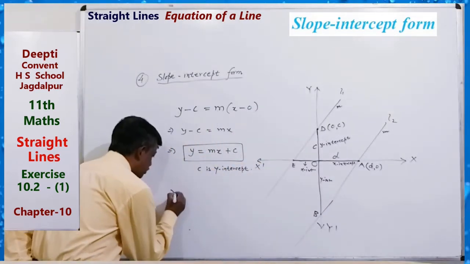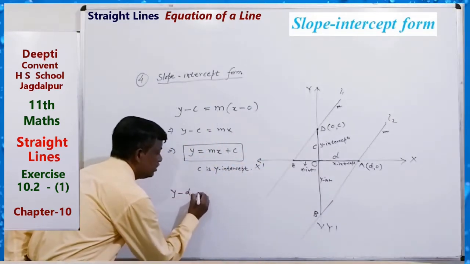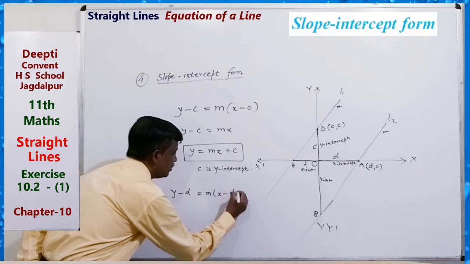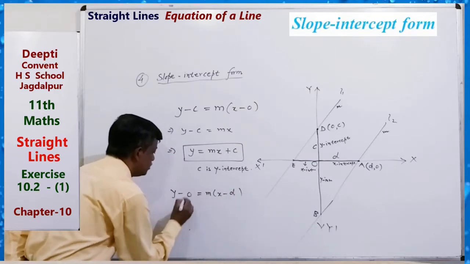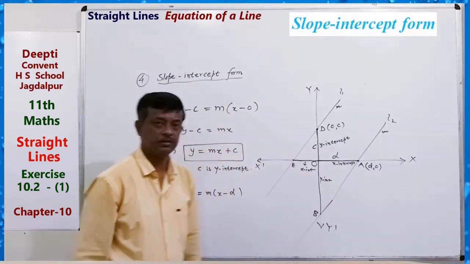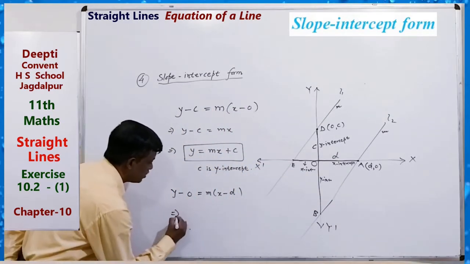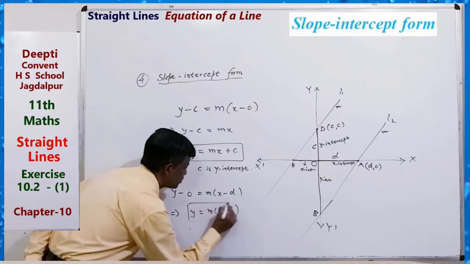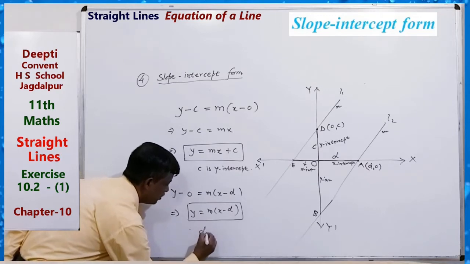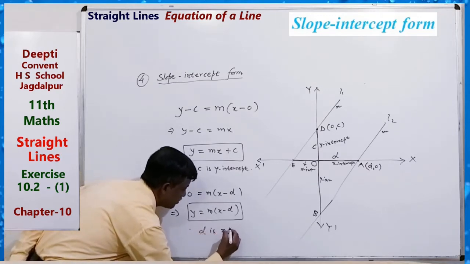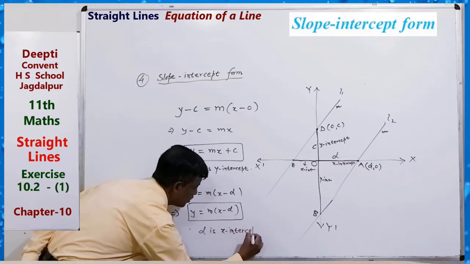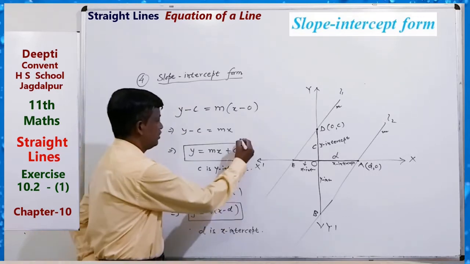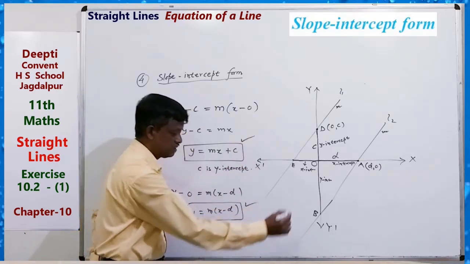That is y minus 0 equals m times (x minus d), since (x1, y1) is (d, 0). We can write y equals mx minus md. This is also slope intercept form, where d is the x-intercept. So this is the y-intercept form, and this is the x-intercept form.